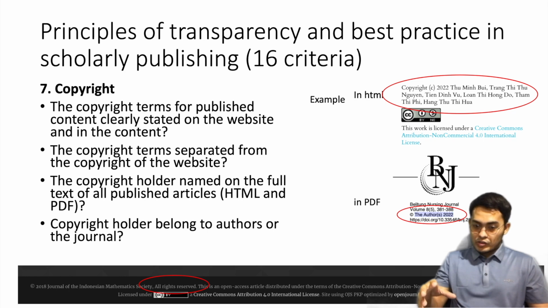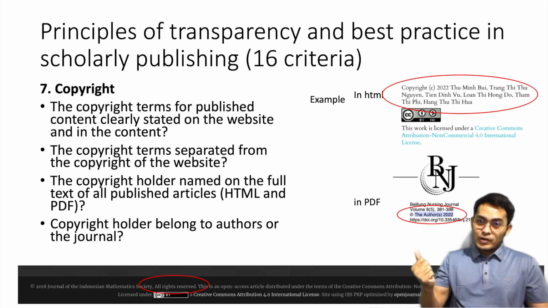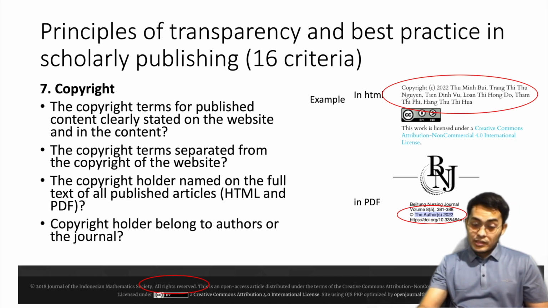So you need to check whether the copyright belongs to the authors or to the website. Of course, when we want to publish our work in an open access journal, we want the copyright to still belong to the authors. That's what you would like to see: whether the copyright holder is the authors or the journal.